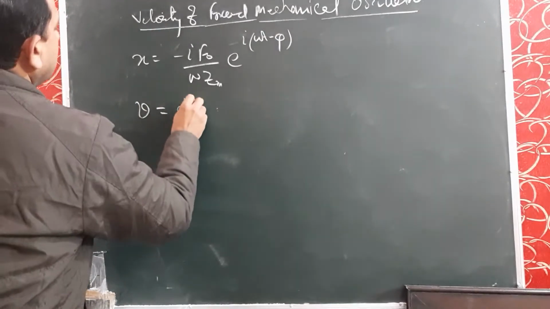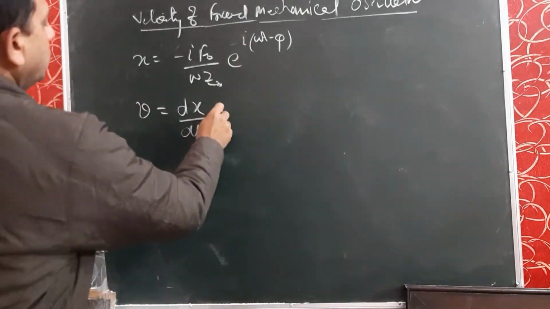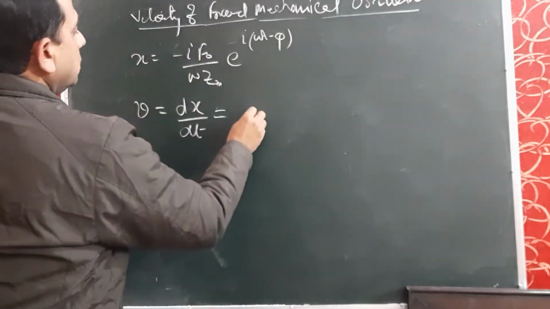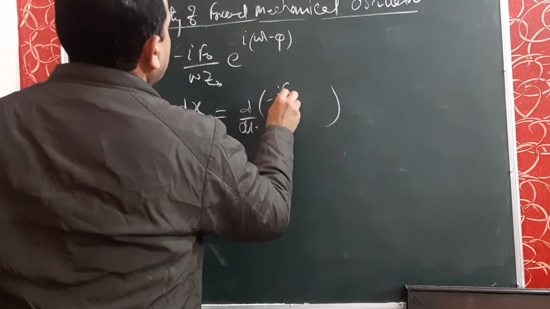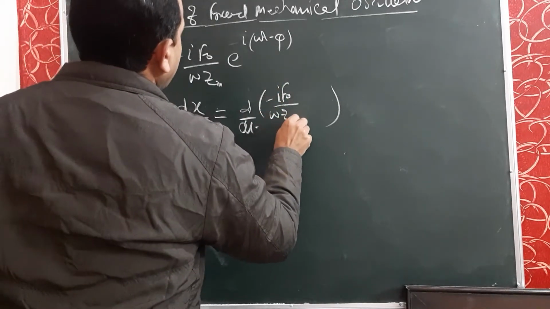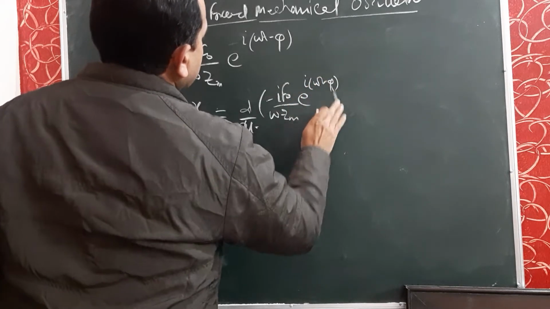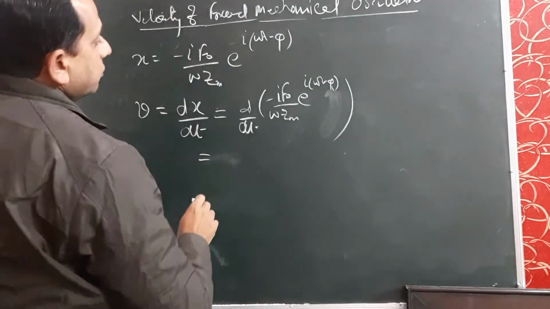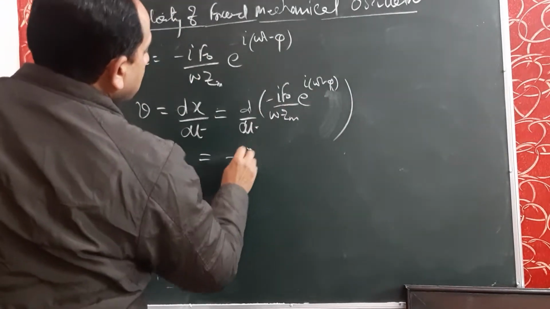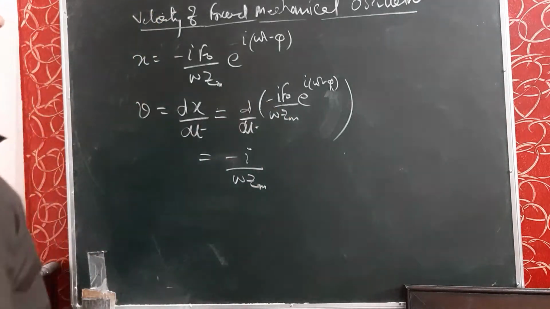So, we know that velocity is the rate of change of x. So, we will do the derivative of this equation. d/dt of minus iota F naught upon omega Zm e power iota omega t minus phi. Minus iota F naught upon omega Zm is constant, it will come out.